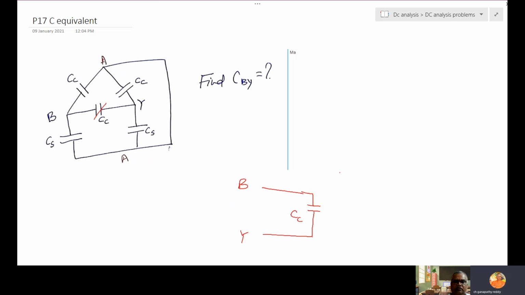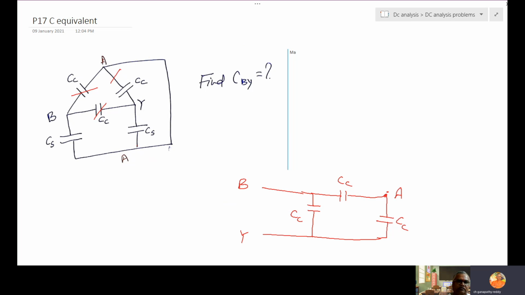This is one. Take one more, A. Between B and A, this is CC. Between A and Y, there is one more capacitor, CC.